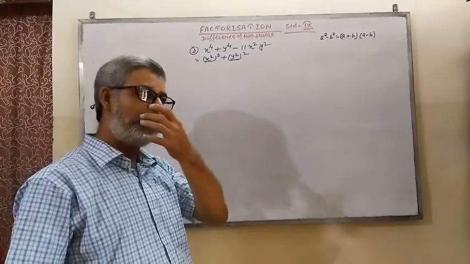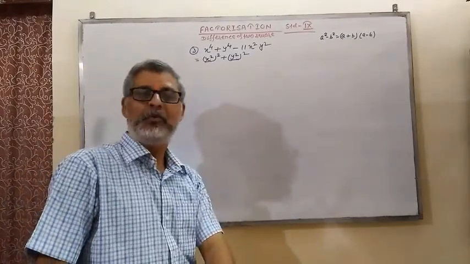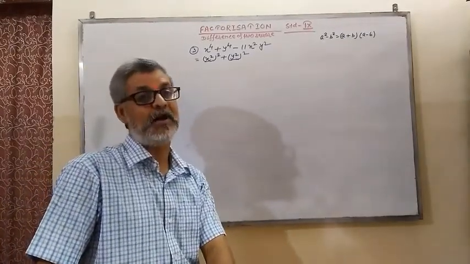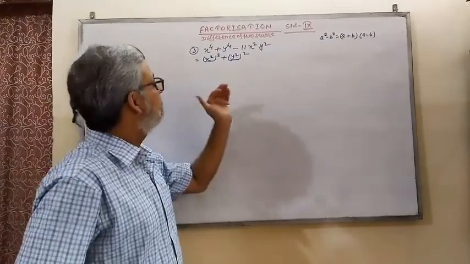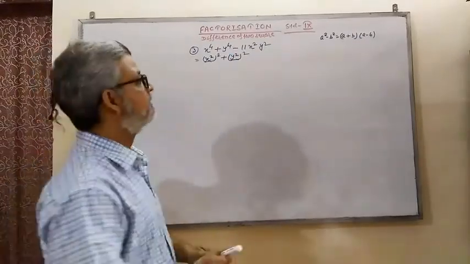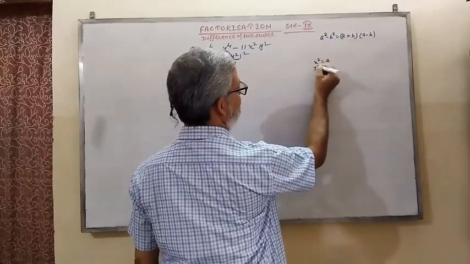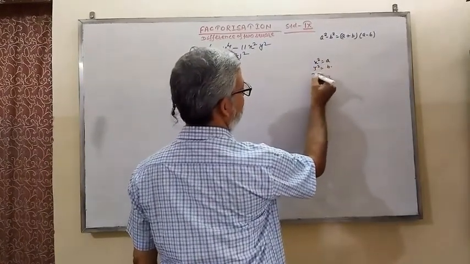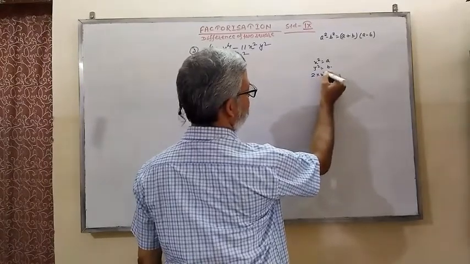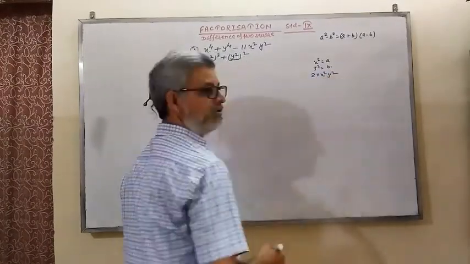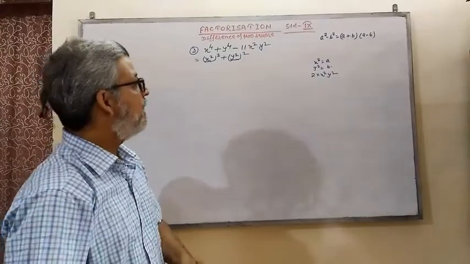So naturally 2ab value we will get in the form of x square y square. So now you think what is the value of 2ab? Suppose here x square is a and y square is b. Then 2ab means 2 into x square into y square. So 2x square y square.